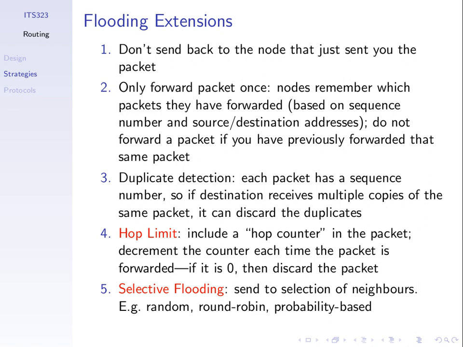So node 1 sends to its neighbours, and then node 2 sends to its neighbours except node 1. Similar, node 4 will send to its neighbours except back to node 1. That's the first extension. And we'll always use that case. There's no need to send back to the person who just sent it to you because you know they have a copy. The goal is to get a copy of the packet to the destination.